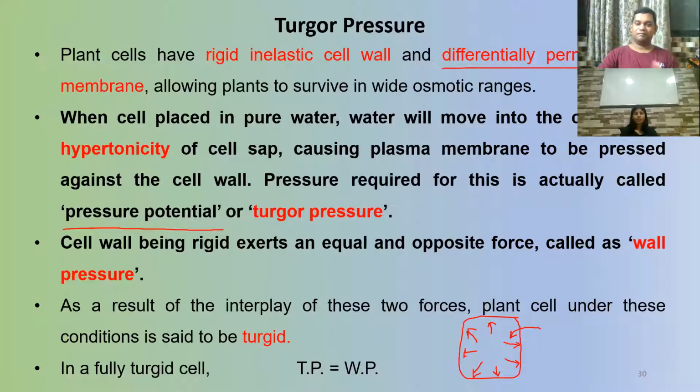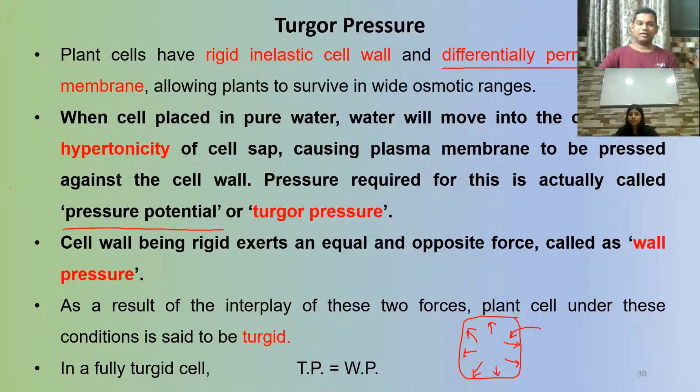Differentially permeable. Okay, got it. Inside the cell, the plasma membrane is slightly flexible. If the water moves out of the cell and it shrinks, then the plasma membrane also slightly shrinks. But the cell wall is as it is.